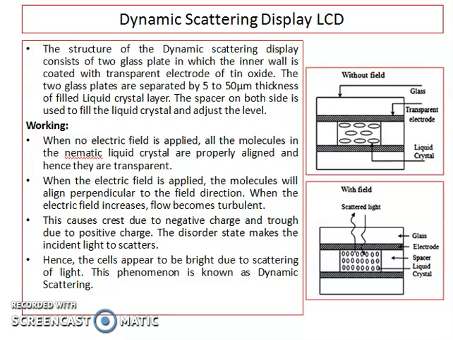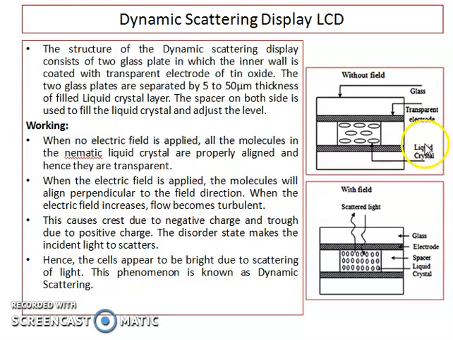This causes crest due to negative charge and trough due to the positive charge. So the disordered state makes the incident light scatter. Hence the cell appears to be bright due to scattering of light. So this phenomenon is known as dynamic scattering, and that is why this type of LCD is called a dynamic scattering display device.